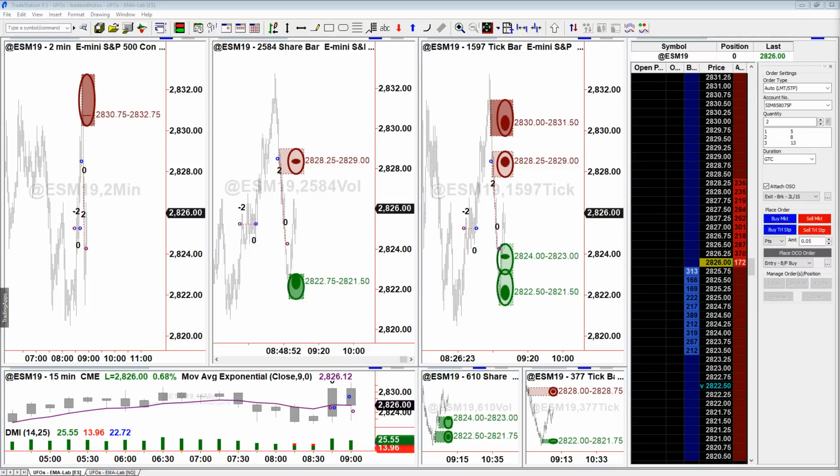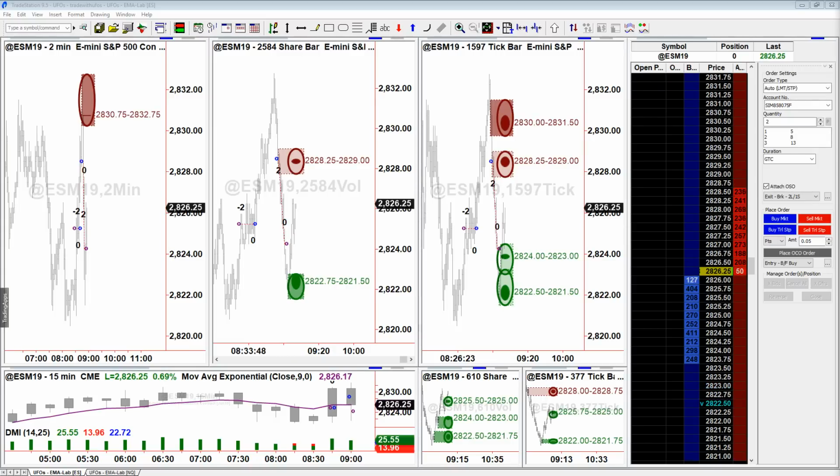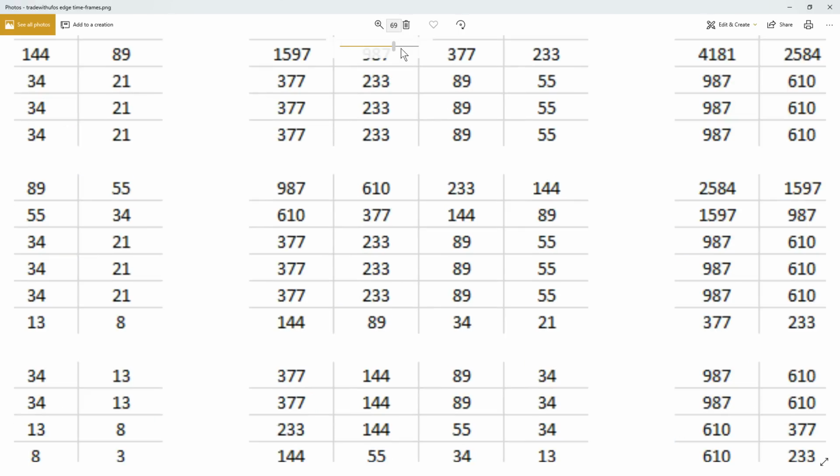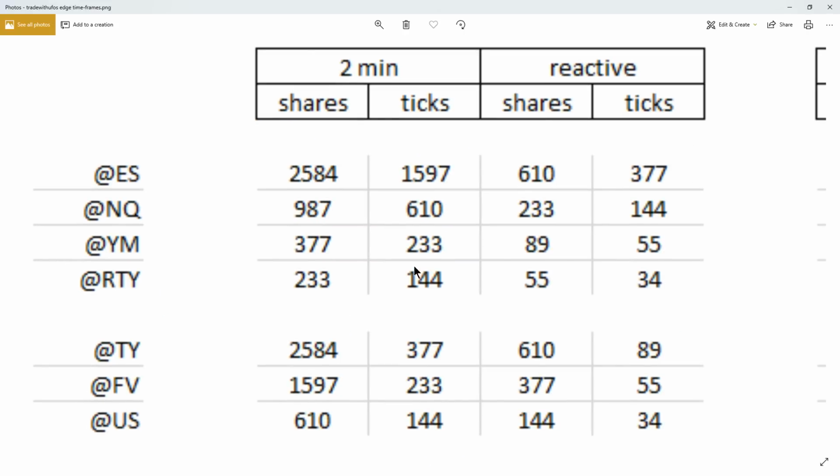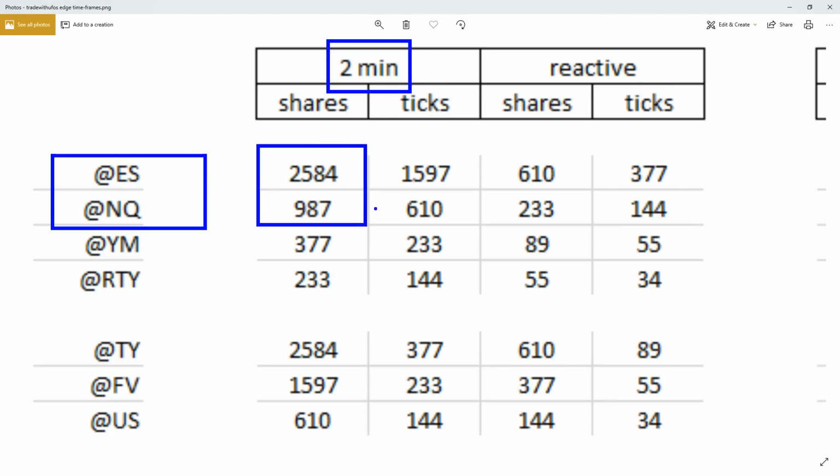Andrea, yeah, the S&P and the Nasdaq on the same period. So S&P and Nasdaq in the same time period. But having said that, notice how, even though the time period is the same, so the answer to your question is yes, same time period, but remember that the share bars or the tick charts are different values.